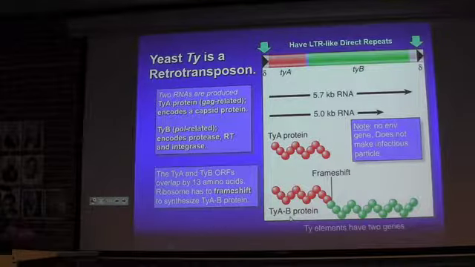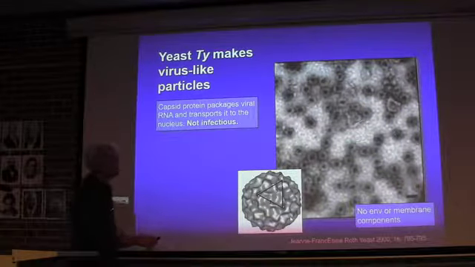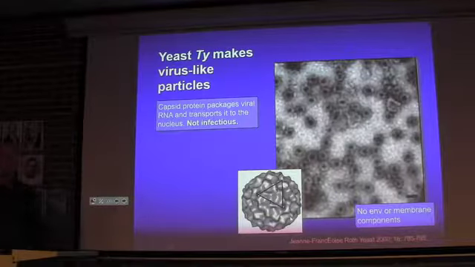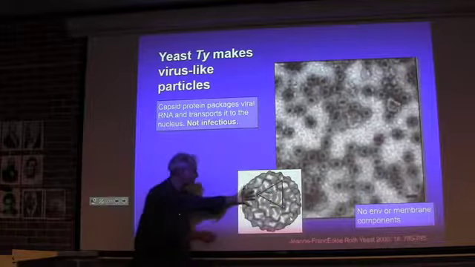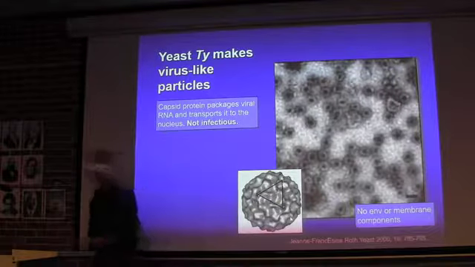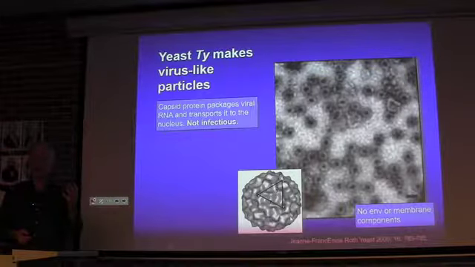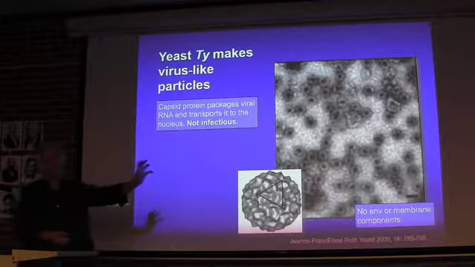It has the LTRs, and this is what it looks like inside of a yeast cell. If you look at it on the electron microscope, you see a perfectly formed retrovirus particle, except it doesn't have spikes because it's still inside. It hasn't budded out yet because it can't.